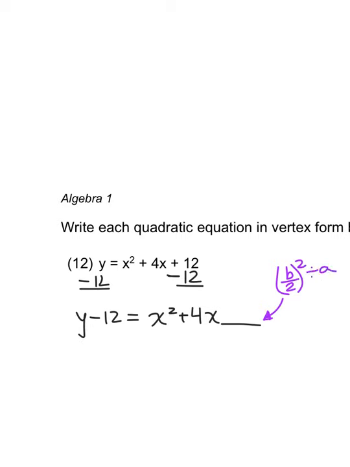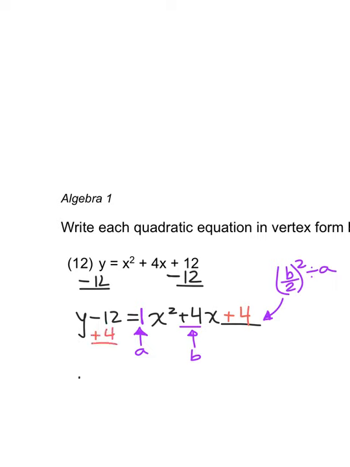My b value is 4, divided by 2 becomes 2, squared is 4, divided by the 1 is going to give me a 4. That number gets added to both sides.